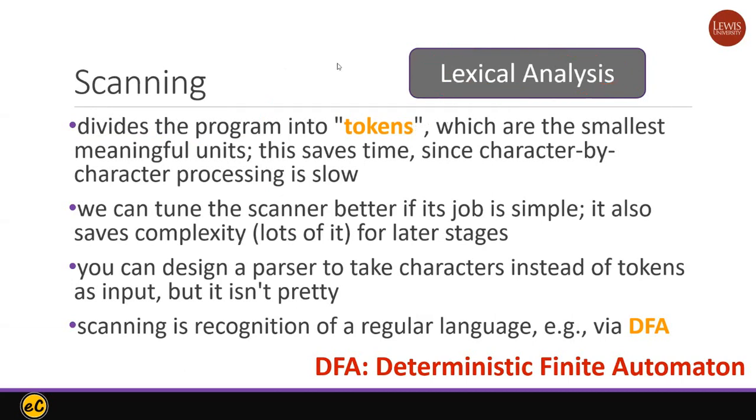Like in a dictionary? Yeah, you do need to have a dictionary, and you also need to have a grammatical term, such as divide. You need to know this is a verb, right? Slow is an adjective, right?